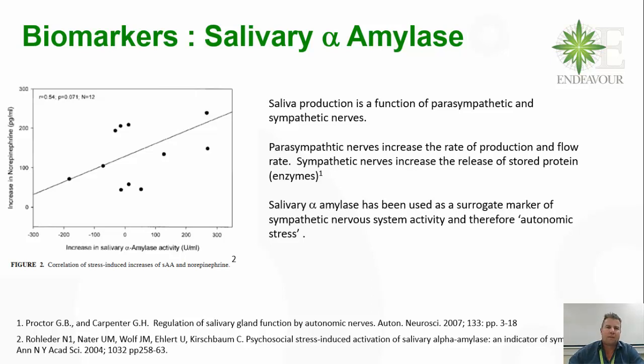Okay, so that's another interesting one. It's often an easier one to use because it quantifies something in the saliva. It's much easier to take a saliva sample than take someone's plasma sample to measure the cortisol content.